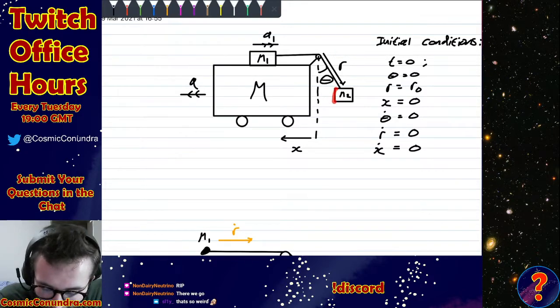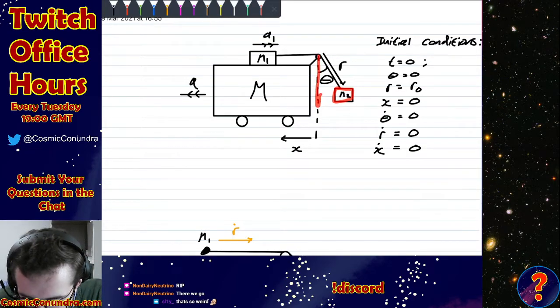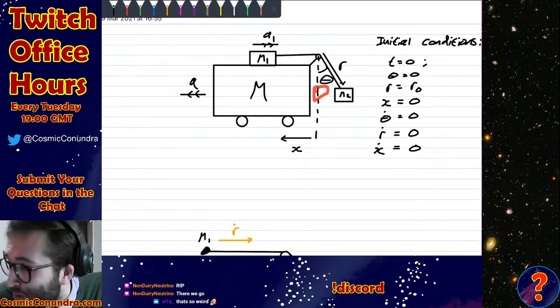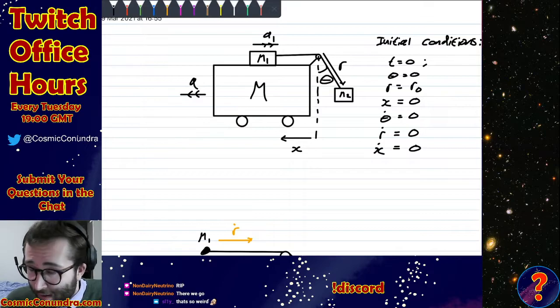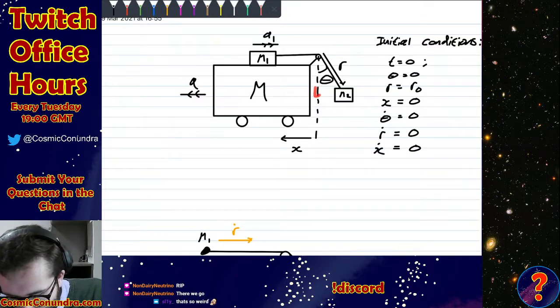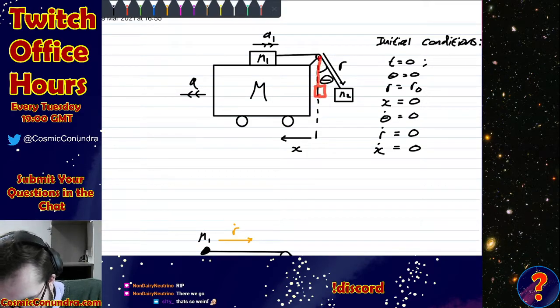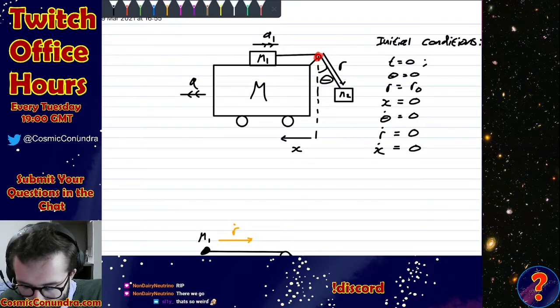This second mass M2 is dangling horizontally, some height above the ground. If you leave M2 dangling and then let it go, of course, there's a smooth pulley here, so it'll start to get accelerated downwards.